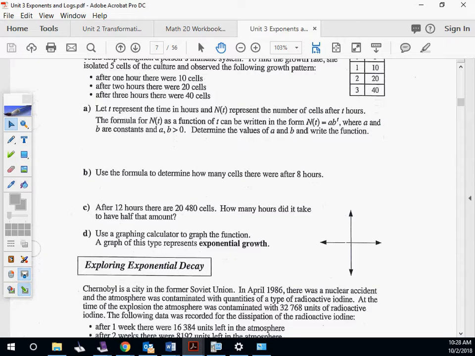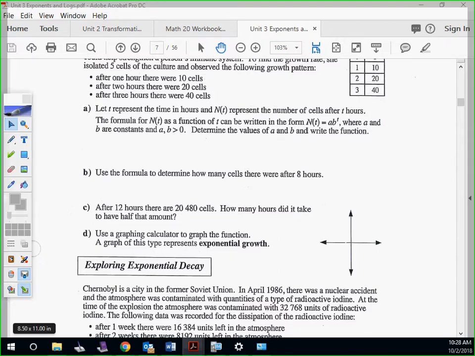So then it says the formula of N of T as a function of T can be written as A times B to the T, where A and B are constants. Determine the values of A and B. If you don't know anything about exponential functions, A is your starting amount of cells, B is how they're growing.